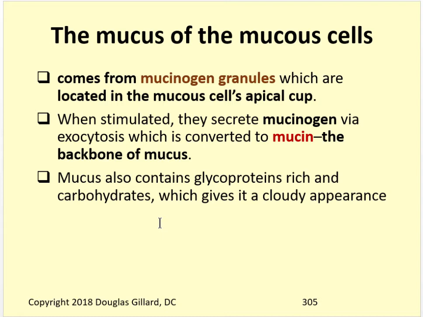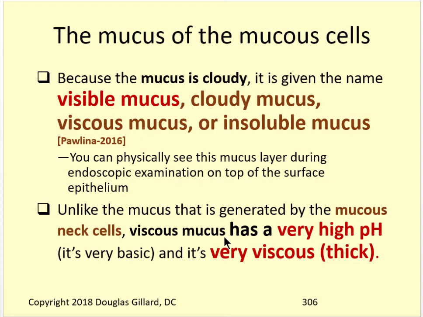It also contains glycoproteins, carbohydrates, which give it a cloudy appearance. So it's not only tough and sticky, but you can see it. Because of this cloudiness, the mucus secreted by these epithelial cells is called viscous mucus, cloudy mucus, or visible mucus, all these AKAs for it.